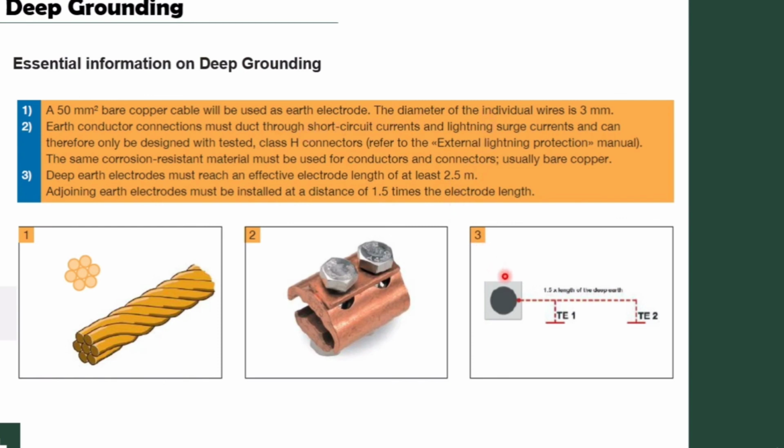And finally, the deep earth electrode must reach an effective electrode length of at least 2.5 meters. An adjoining earth electrode must be installed at a distance of 1.5 times the electrode length. If the length of this electrode is 2.5 meters, here the distance between those electrodes must be at least 1.5 multiplied by 2.5, which is the length of this rod.